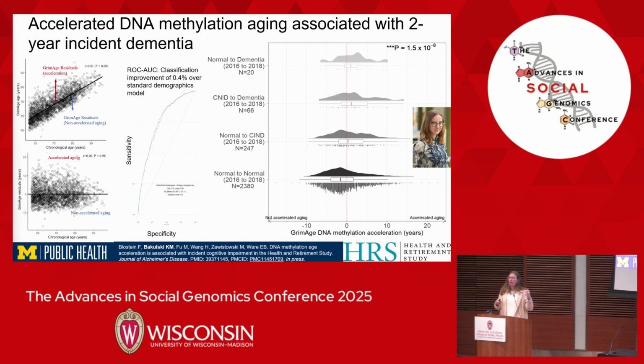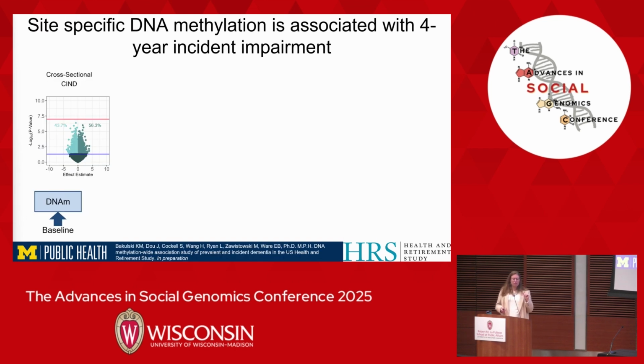And if we try to look at the ability to classify people and make predictions with this, we see there's very, very marginal improvement in our prediction capabilities. We were also curious, once this cohort recently released their full complement of methylation data, about looking at site-specific measures. I'm interested in what are the genes involved, what are the sites involved.